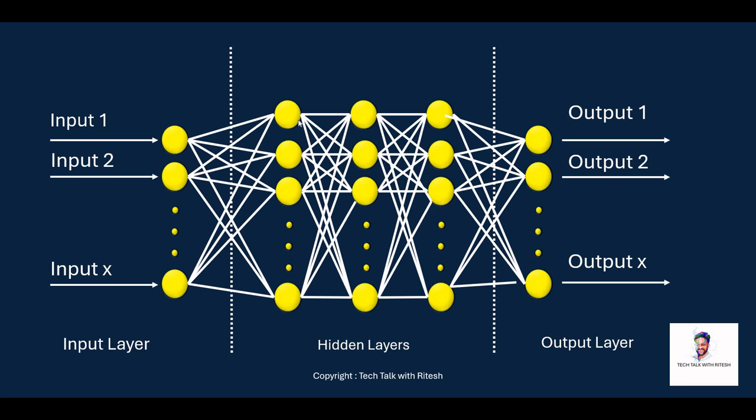Each circle is a neuron, which is a cell for our machines. They are all interconnected, this is connected with this. Every cell is internally connected with each other, and this is how the information is passed through the hidden layer, and finally, with some mathematics, with some formula, the output will be generated and received.